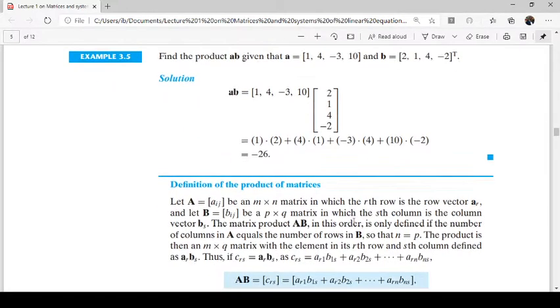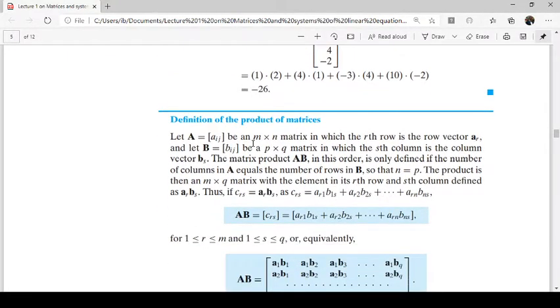Now that leads us to the same definition for the multiplication of matrices. The first one is an n-element row vector multiplied by an n-element column vector.